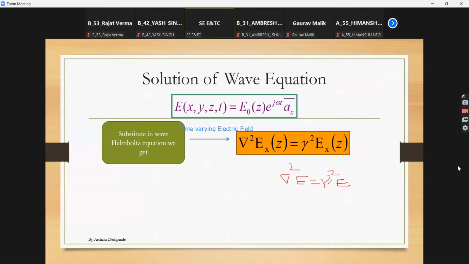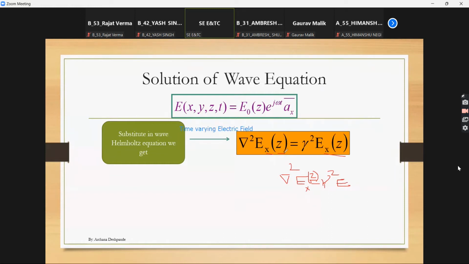But now we know that this electric field is in the x direction and it is a function of Z. Therefore I have written Ex as a function of Z, here also wherever there is E, Ex as a function of Z. Earlier, I did not know what the electric field would be like.